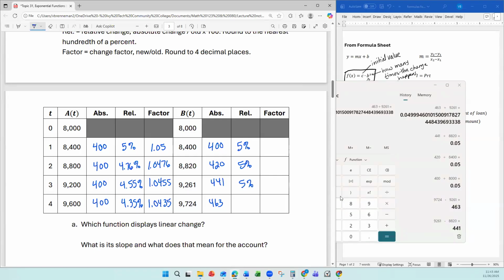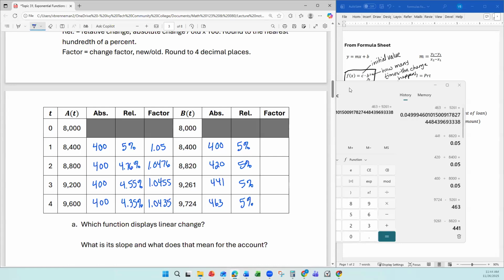And then the fourth one, we would have to go out to 4.999. We'd have to go to the nearest thousandth of a percent, and we're going to the hundredth of a percent. So 4.99, and then it's going to round up. So this ends up rounding to 5% as well.